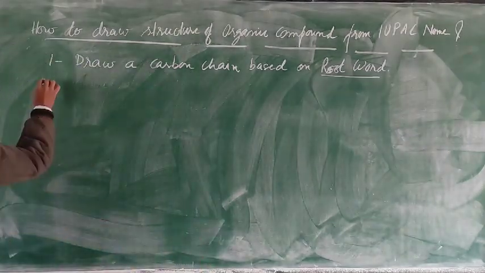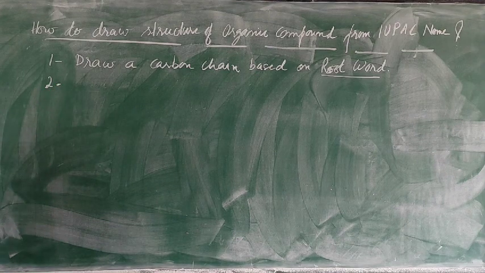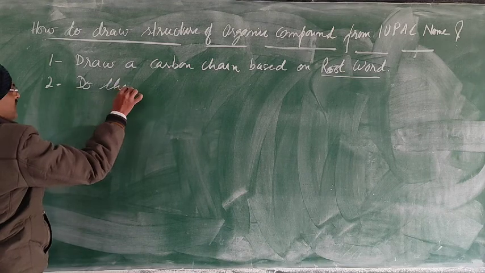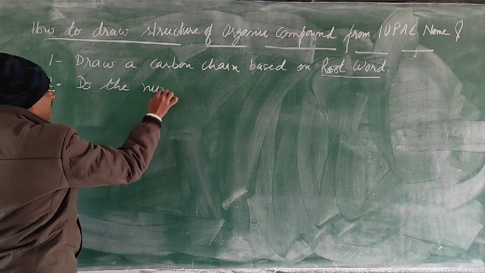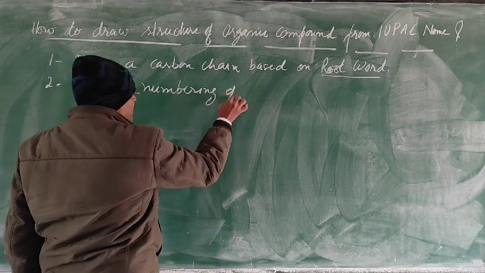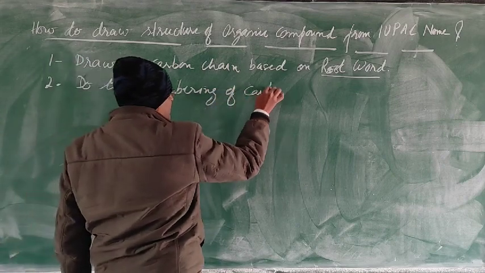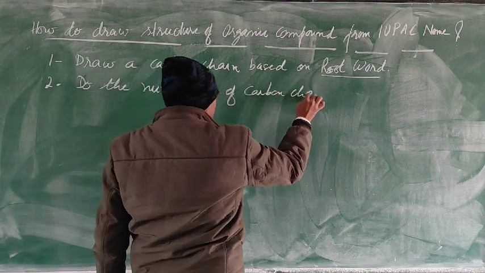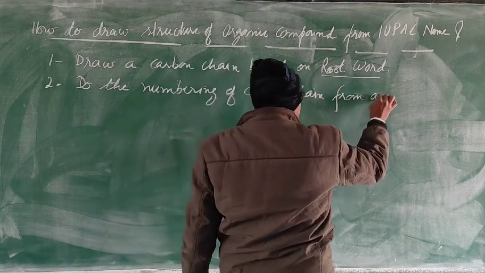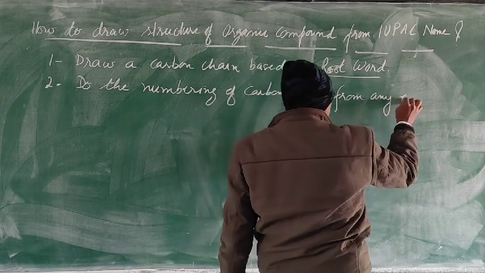Then second point, do the numbering of the carbon chain from any end.